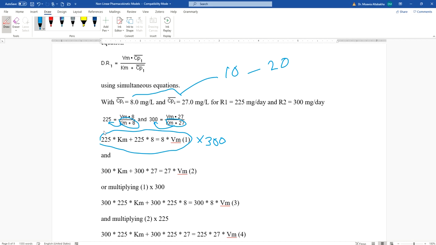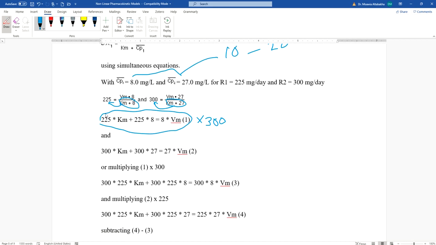Why did I do this? Because I want to be able to eliminate some factors in the equations. I want the two equations to be similar in some terms. So 300, multiply it into the first equation, so it will be 300 times 225 times Km plus 300 times 225 times 8, which will be equal to 300 times 8 times Vm on the other side.